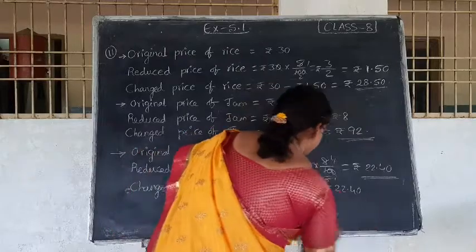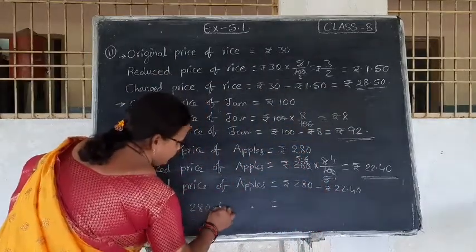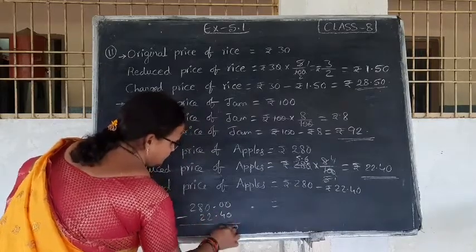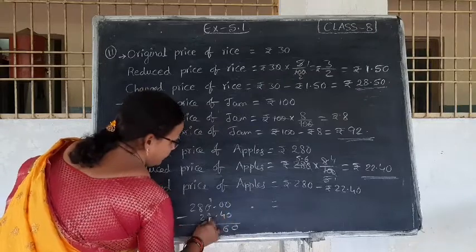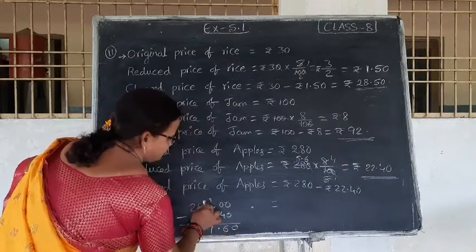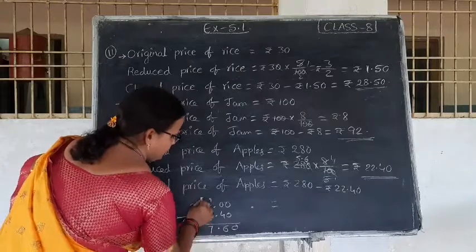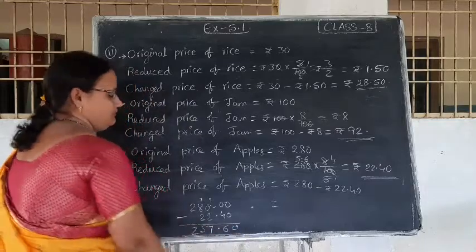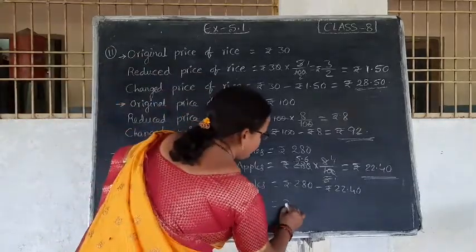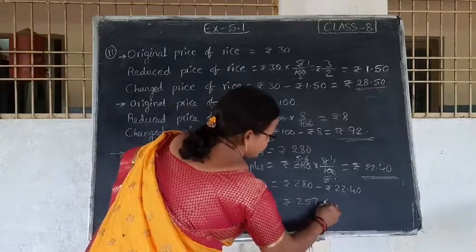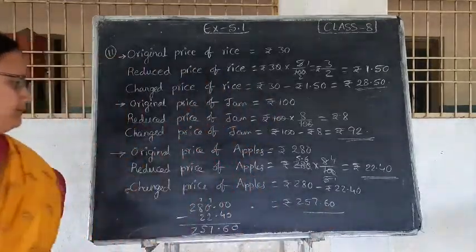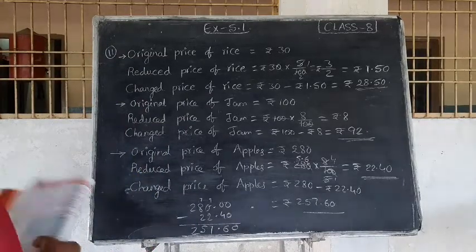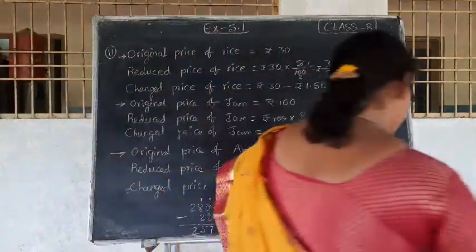Subtract 22.4 from 280. 0 minus 4 needs borrowing, 9 minus 2 is 7, borrowing again, 7 minus 2 is 5, and so on. The result is 257.60, which means 257 rupees 60 paise. So this is the changed price of apples.